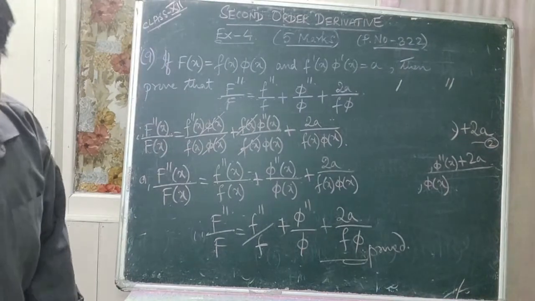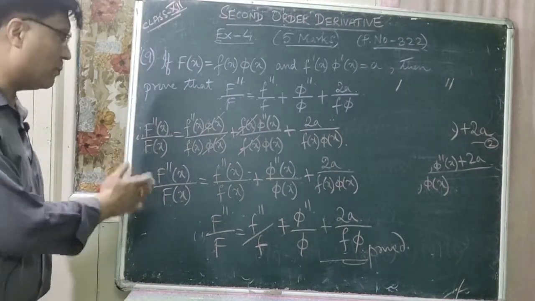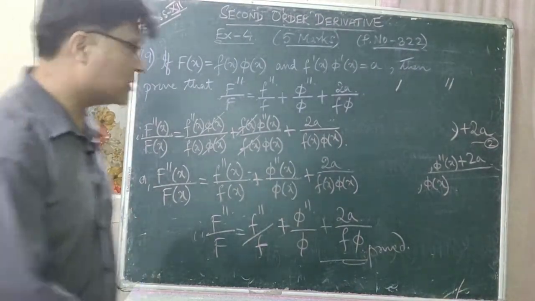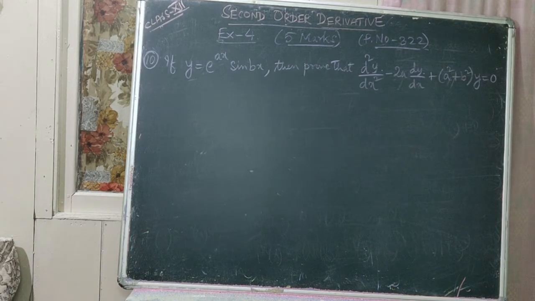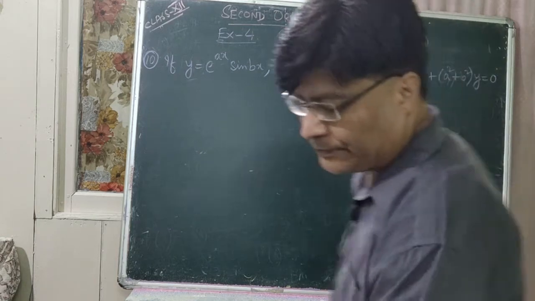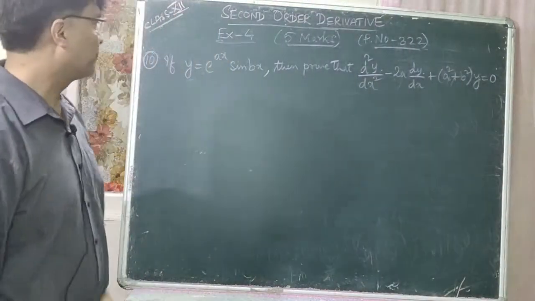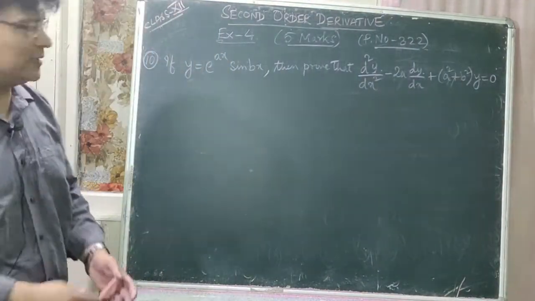So I think you have understood it. So you can copy it. So now we'll do the next question now. So now we'll do the next question, that is question number 10.